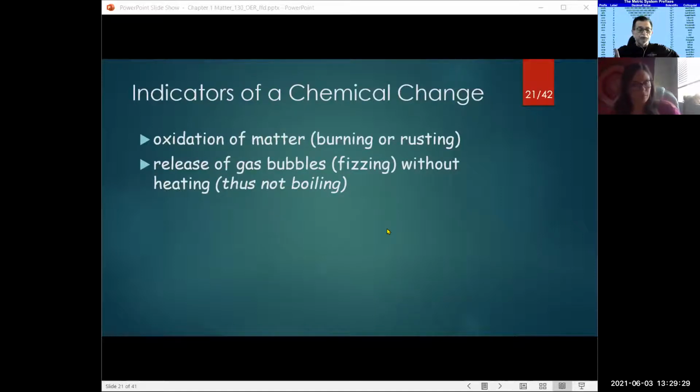Good example of this would be Alka-Seltzer. Okay, Alka-Seltzer, which to this day I'm trying to figure out why they put bicarb in the Alka-Seltzer, because then they put a little bit of citric acid, and when you put it in the water, the citric acid and the bicarb react to form the bubbling, and you get carbon dioxide, and that's what the bubbling is.